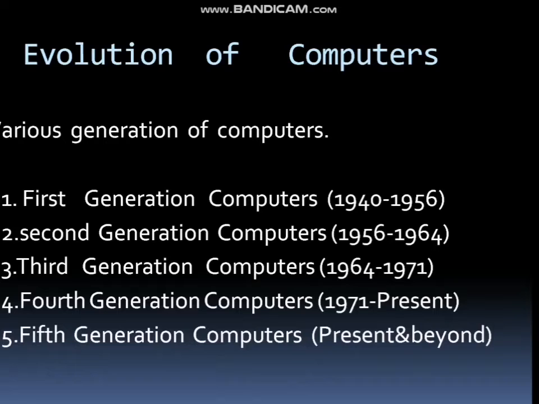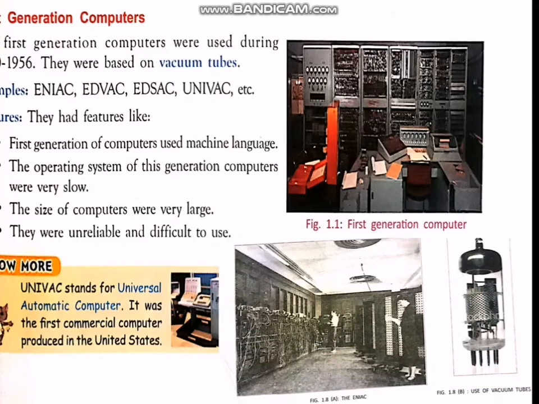Now we come to the lesson Evolution of Computers. The generations of computers are first generation computers, second generation computers, third generation computers, fourth generation computers and fifth generation computers. You see here the first generation computers. The picture given here, you can see on the screen.